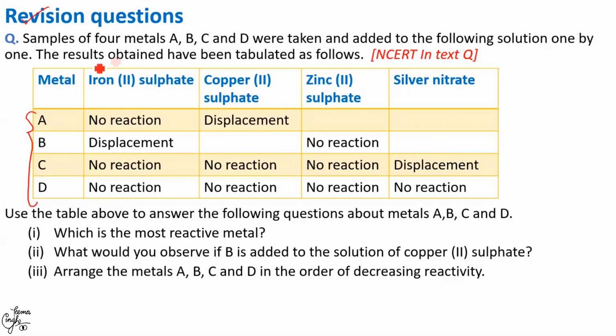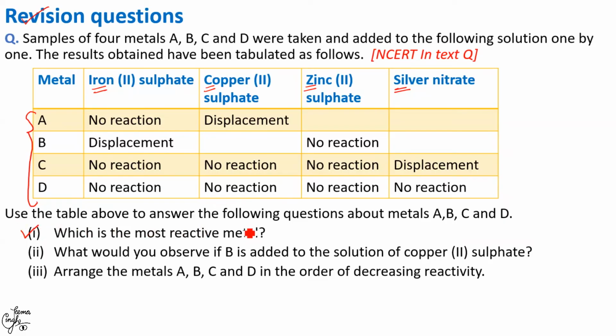So you have 4 salt solutions, namely iron sulfate, copper sulfate, zinc sulfate and silver nitrate. The results obtained have been tabulated as follows, in the form of a table. Use the table above to answer the following questions about metals A, B, C and D. The first part is, which is the most reactive metal?